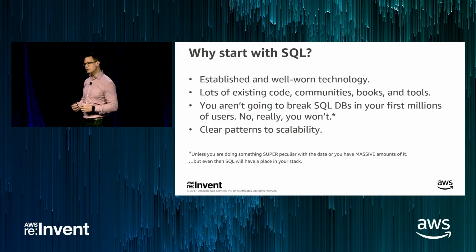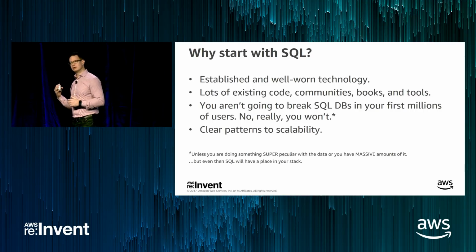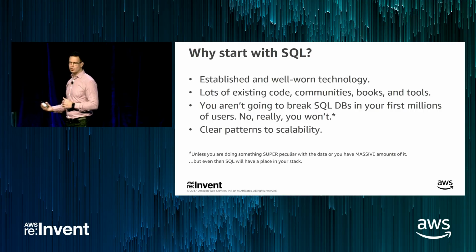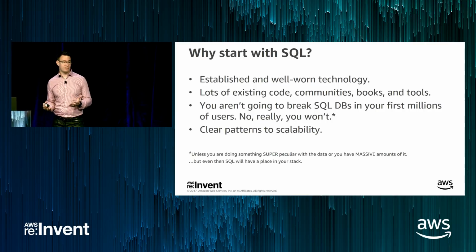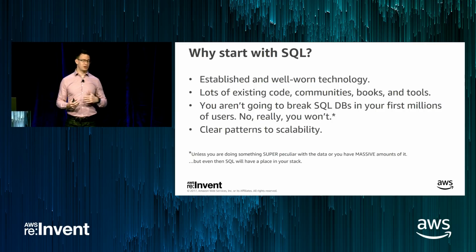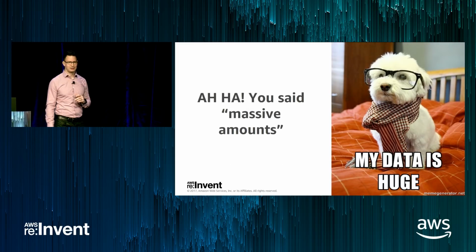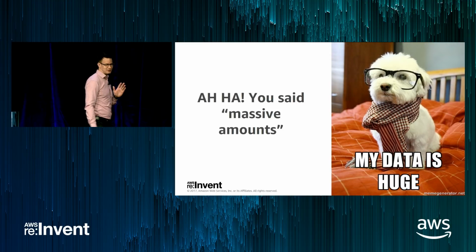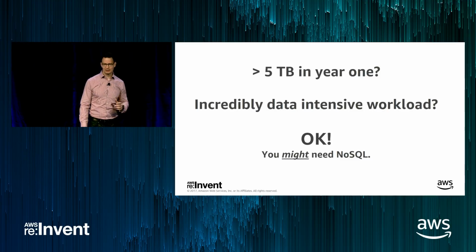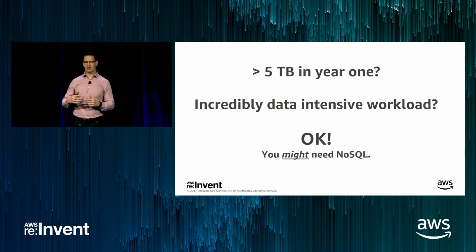Now, the caveat here is, unless you're doing something quite particular, and that could be if you've got lots and lots of data, for example. Now, if you thought, oh, that's me, you said it, lots of data, let me just clarify what I mean. I'm talking about 5 terabytes or greater in a year, or a really data-intensive application.